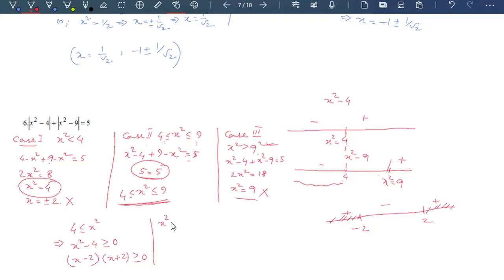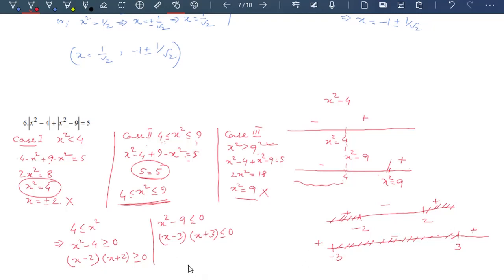Second part gives you x square minus 9 is non-positive, so (x minus 3) into (x plus 3) is less than or equal to 0. This gives you the solution. This is minus 3 and this is plus 3. Here it is positive, here it is negative and positive. So this part is giving you the solution, but you have to obey both.